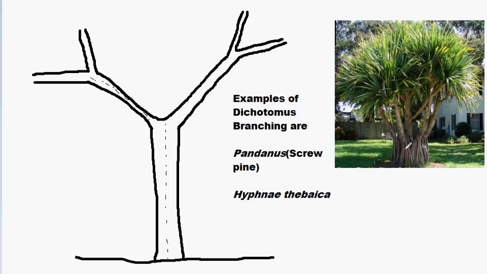You can see the stilt roots here, but in this video we are not talking about the stilt roots. You can see in the type of branching of this plant, this branch is continuing, and over here if you can see, this branch is dividing in a V-shaped format. Again this branch is continuing, and again this branch is dividing in a V-shaped format. Okay, so that type of branching we call dichotomous branching.